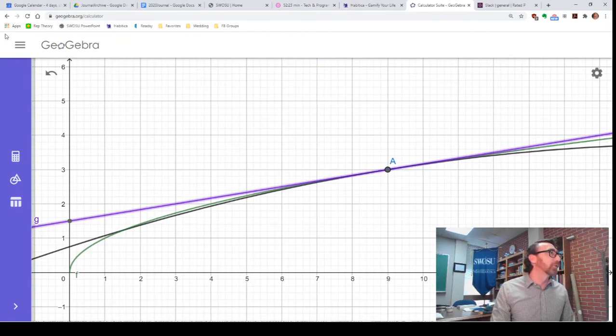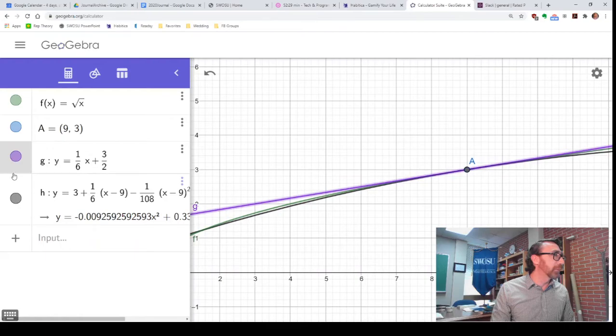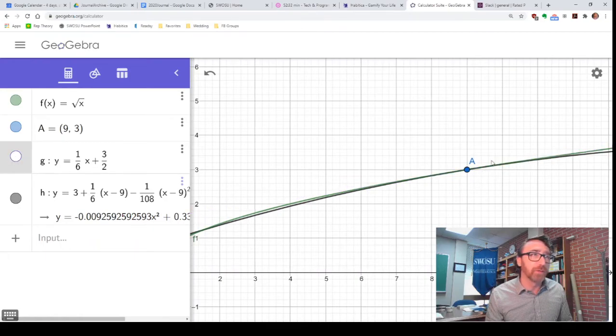Okay? So that second order polynomial is actually a little bit better approximation than the tangent line was. Notice how it's bending with it, at least in this neighborhood. So if I wanted to refine my approximation for radical 10, I would use this polynomial right here. I'd plug in x equals 10 and get an even better approximation of radical 10.